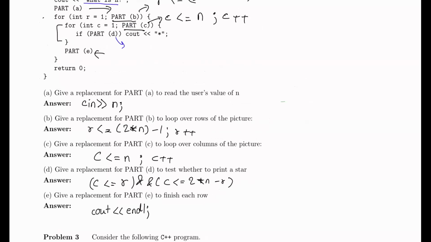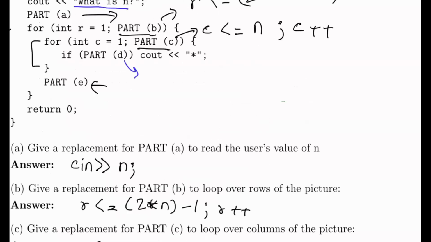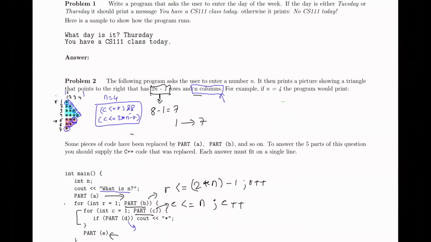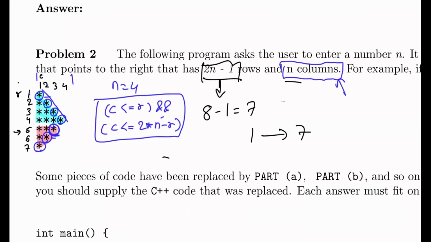Can you explain where 2n minus r came from? 2n minus r is the same as, like you said, c plus r is less than or equal to 2n. It is the same as this one.